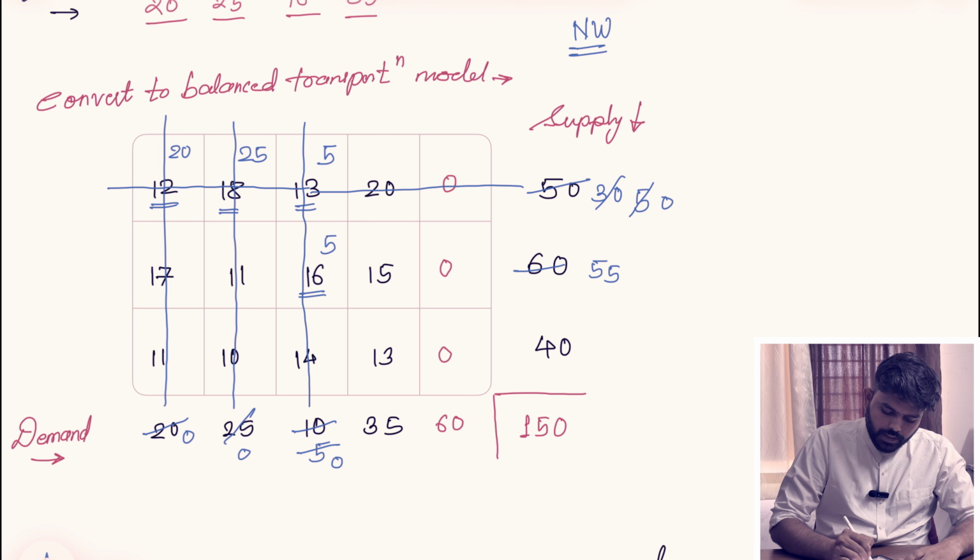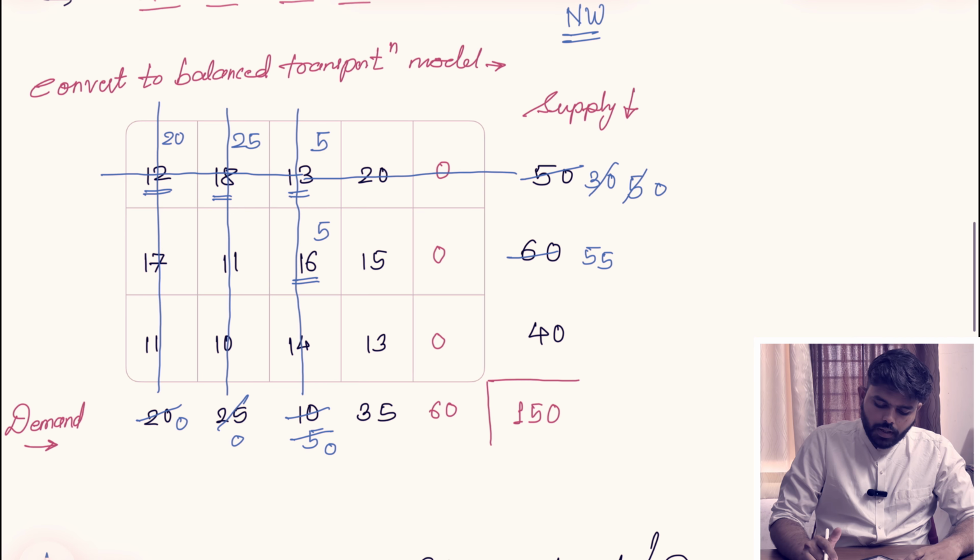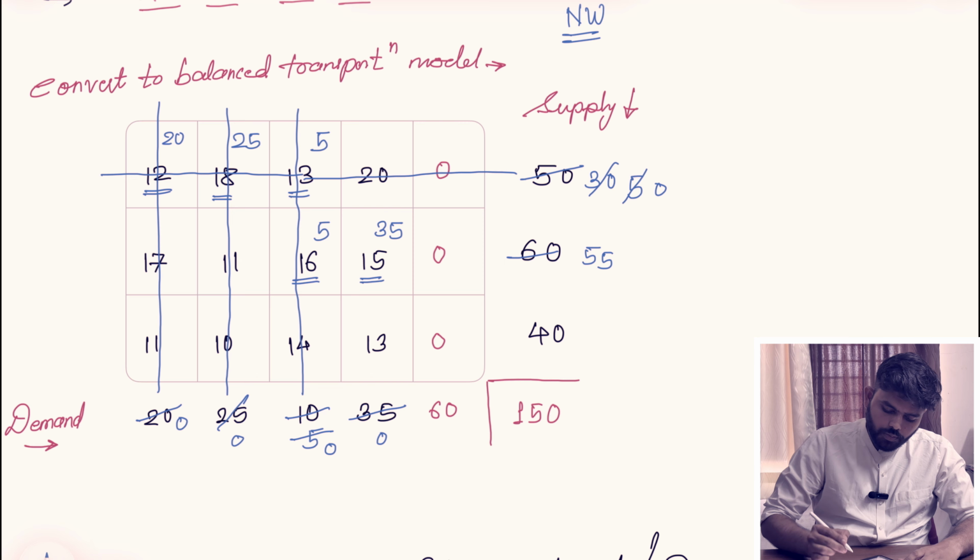So we will be scratching the column. Next, this 15 is the northwest corner, so we can allocate 35 only. So this 35 becomes 0 and this 55 becomes 20. And we will scratch the column.